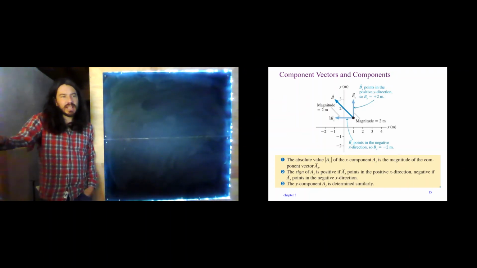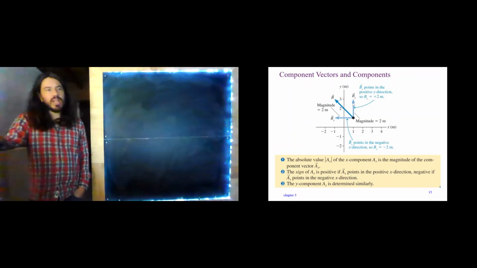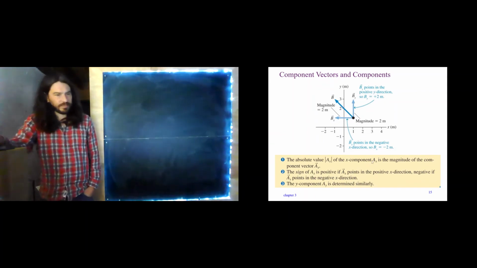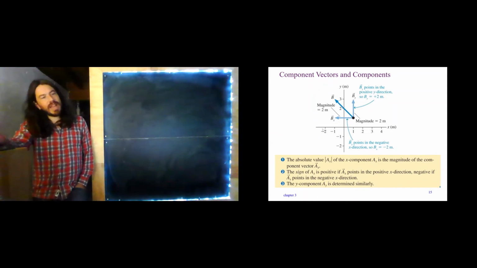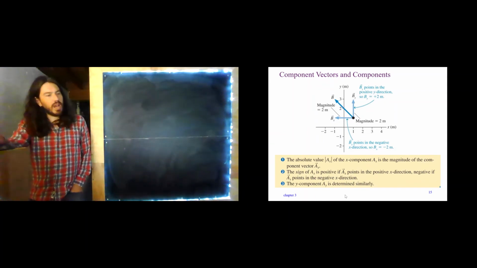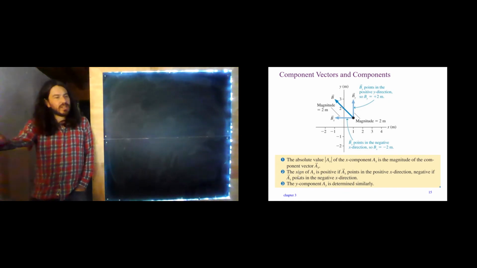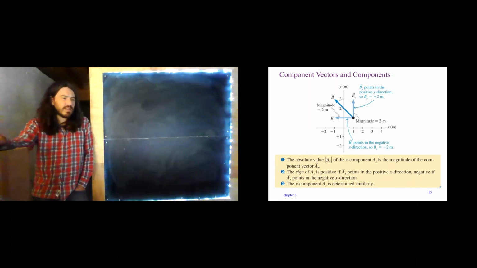Basically what this is saying is that the x component has a magnitude of 2 meters, as we can see from this drawing, and the y component has a magnitude of 2 meters also. Right? And so the components have those magnitudes. Again, this is all 100% correct. It just makes it sound more confusing than it is. I feel like the picture really describes it nicely.